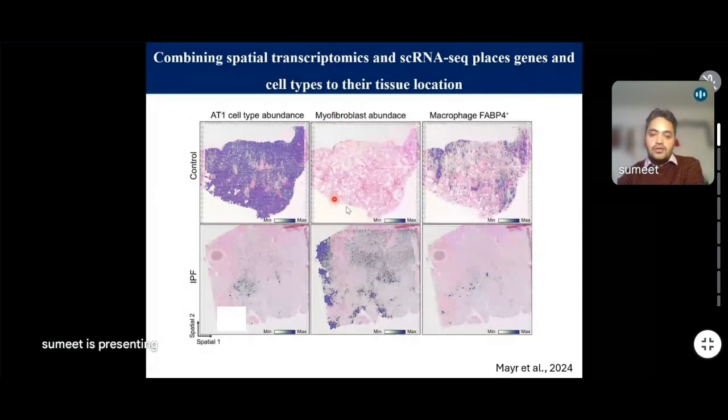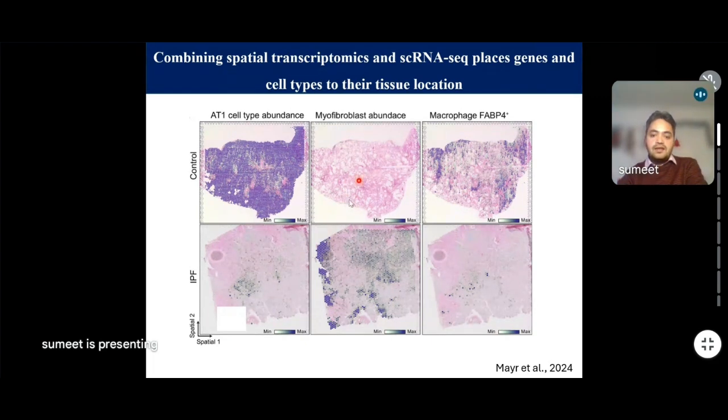If you look at the control tissue, you don't have myofibroblasts. In a healthy lung, usually you won't find myofibroblasts. If there is an injury, there will be some myofibroblasts for some time during tissue repair, but later on they will just die, and the tissue becomes normal.